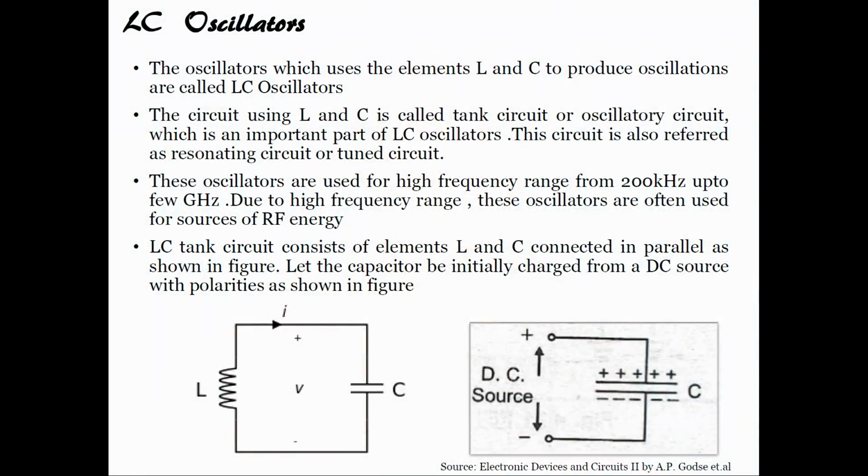If you see on the screen, the oscillators which use the elements L and C to produce oscillations are called LC oscillators. The circuit that uses L and C is called a tank circuit or oscillator circuit, which is an important part of the LC oscillator. The circuit is also referred to as a resonating or tuned circuit. You can see on the left side the inductor and capacitor.